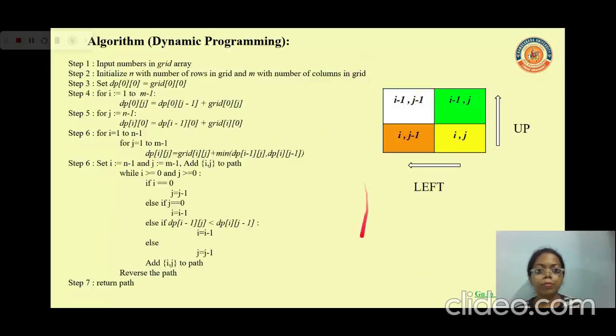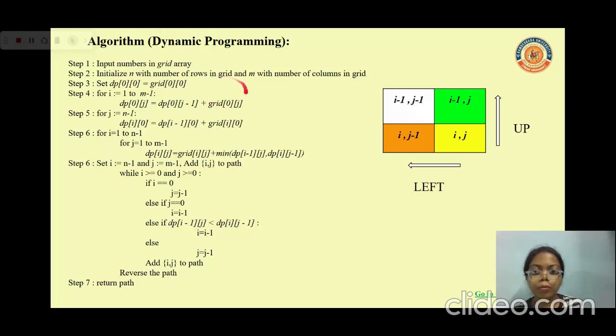This is the algorithm we need to follow in the dynamic programming approach. First of all, we will input the grid array and the number of rows and columns. dp of 0 0 will be initialized to grid of 0 0. This is the same logic we have been using in the last three problems. For the first row, I know that I need to travel through 0 comma j minus 1 to reach 0 comma j.